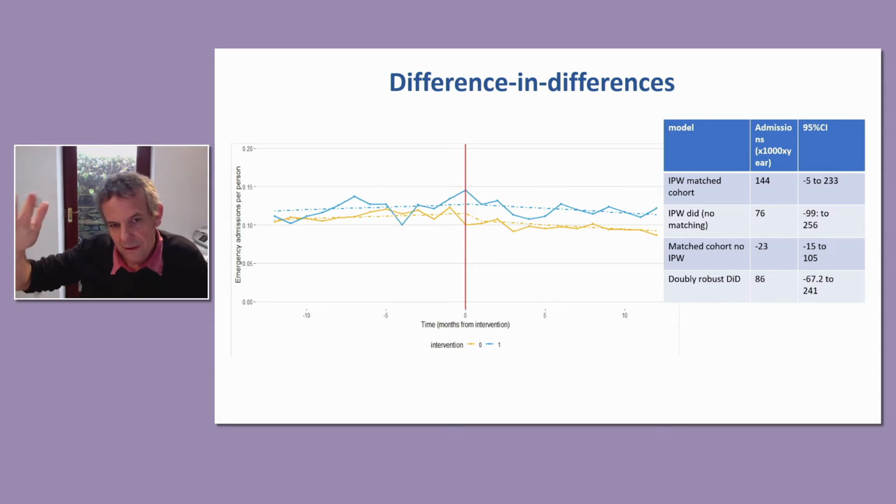We then run this series of analyses, some using weighting, some using matching, and some using a combination of them both. And basically, those all fairly consistently indicate that there was no association between the intervention and an effect on emergency admissions. Next slide, please.